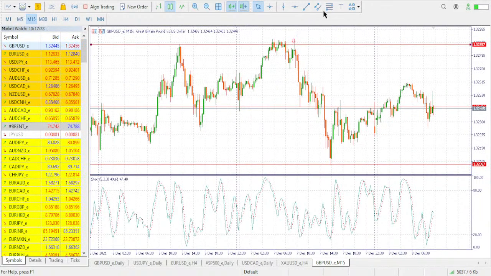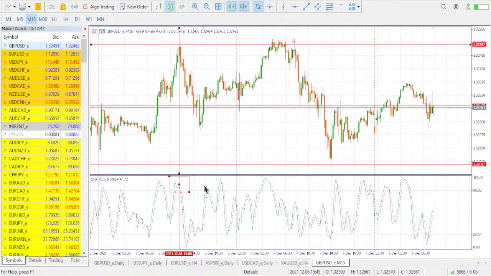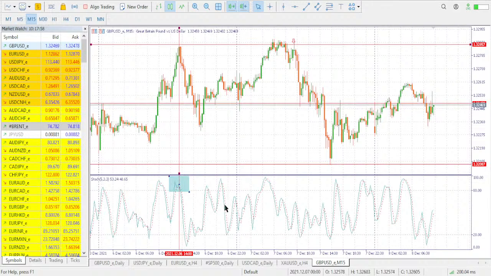You can see here that during the previous day, we had the stochastic being overbought. I'll draw a shape here so that we're able to see it clearly. The stochastic was overbought here.